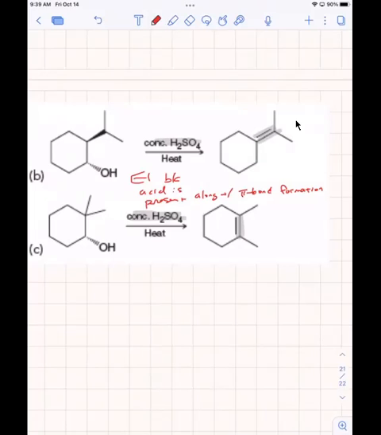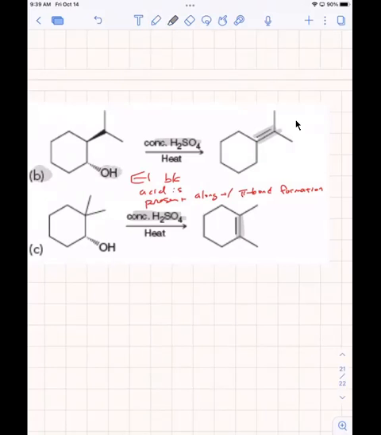All right, let's do the first one. Where should the double bond go? All things being equal, where's my leaving group and where are my alpha positions? Let's do B. The OH is the leaving group.